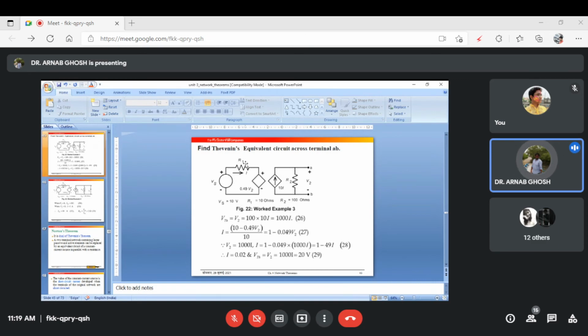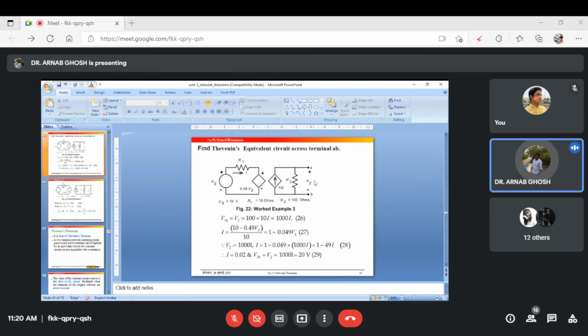You are having a resistance R1 which is 10 ohms. You are having a dependent voltage source 0.49 V2 and you are having a current that is equal to 10I. That is a 10I current source. You are having a resistance R2 and you are calculating the voltage V2 across terminals A and B. Clear?